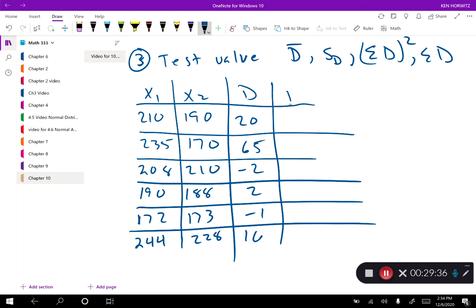And then our d squared, we just take our difference and we square it. So 20 squared is 400. Glad you guys have a calculator to do 65 squared. All right, so then it's 4, 4, 1, and 256.